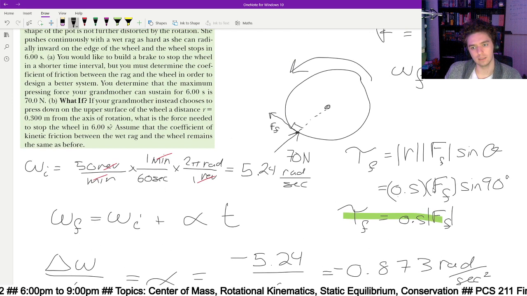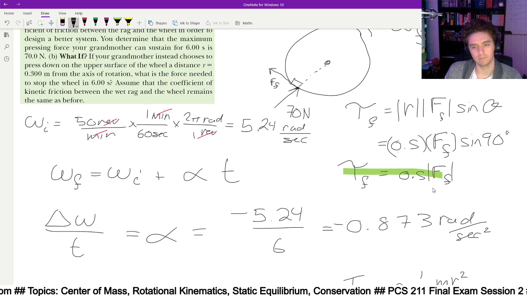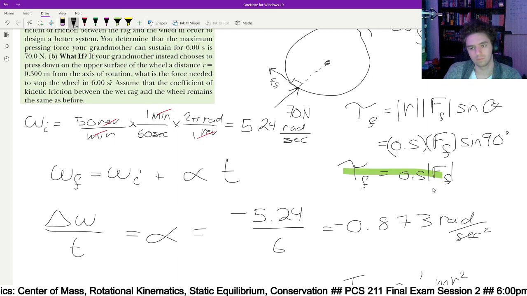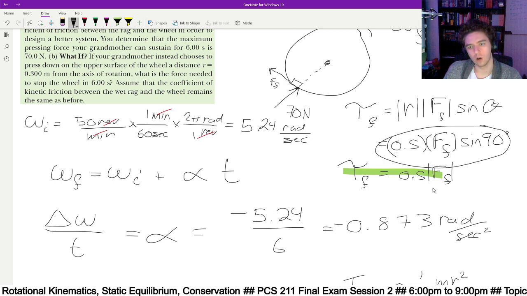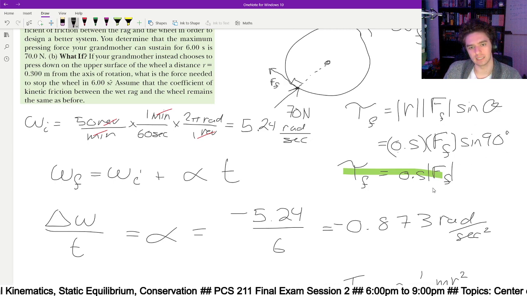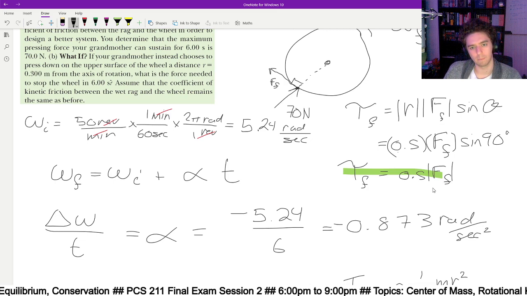So when you put it in, it cancels out. This isn't negative though. But it should be negative. That's the problem. It's moving it counterclockwise.